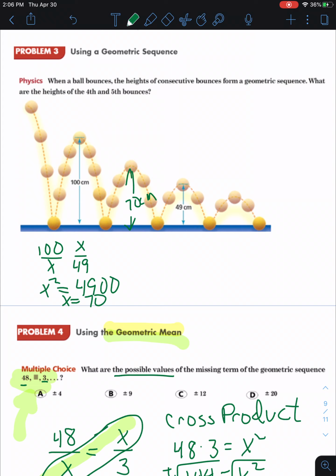All right, and since I've got this set up, I can now use my ratio. So 70 is to 100 as 49 is to 70 as x is to 49.